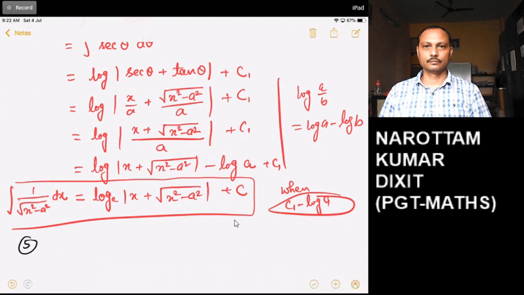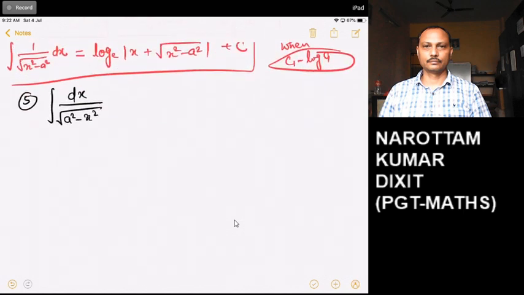It was integration of 1 upon under root a square minus x square. Again think by which substitution we can convert this term in a single term, a square minus x square.